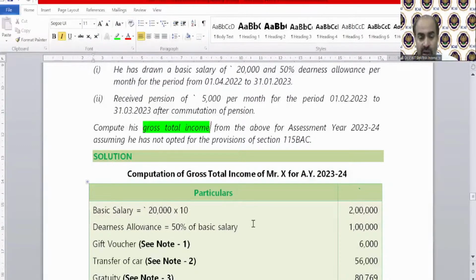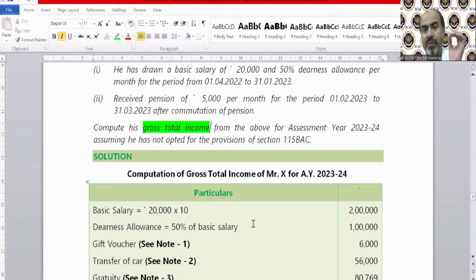You should know whether the DA is as per terms or not. Let's see who answers first. Danish is saying non-terms, very good. Gurleen is saying non-terms, well done. Exactly. If it is not given in the question, we will consider it as non-terms.